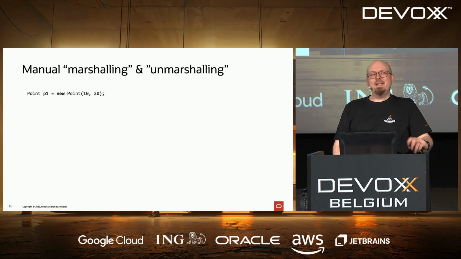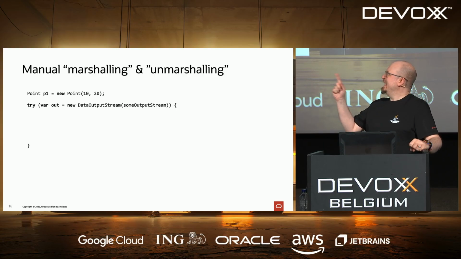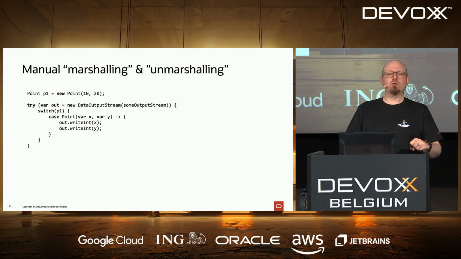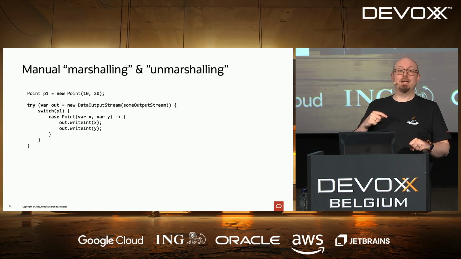So if we take this analogy, what happens if we try to marshal a point? What does that even mean? What if it means you have some DataOutputStream, and some destination for that stream, and we take our point, extract the coordinates, and write those coordinates as ints to that DataOutputStream?